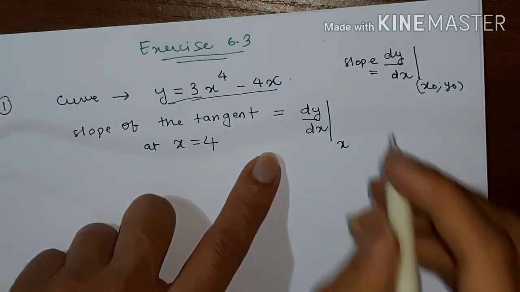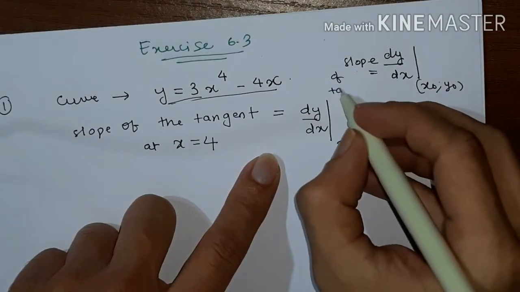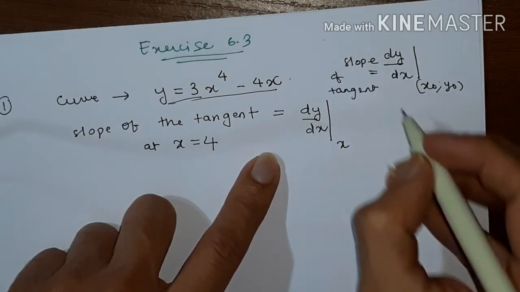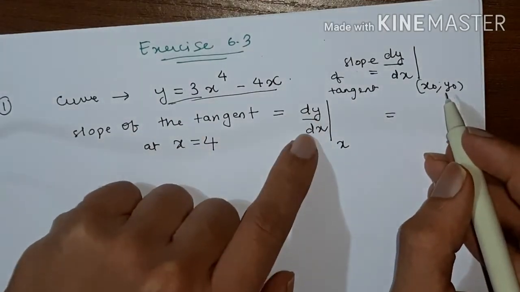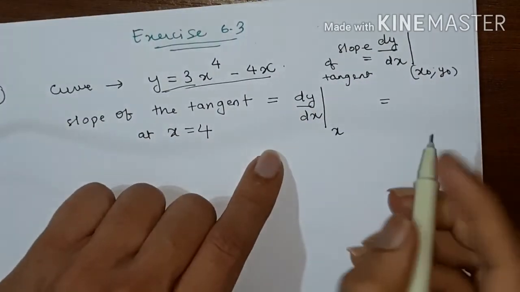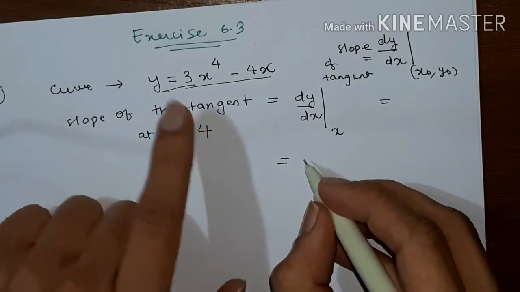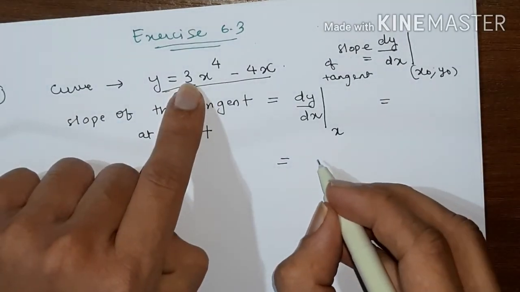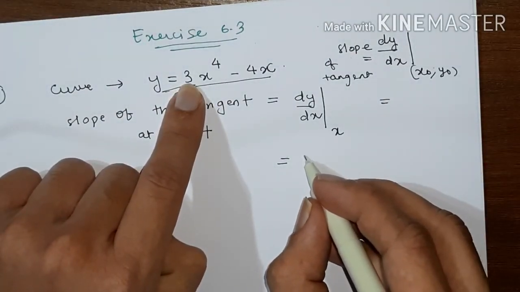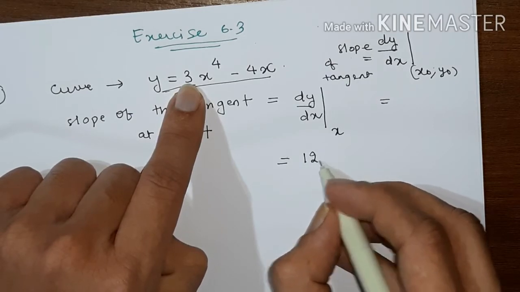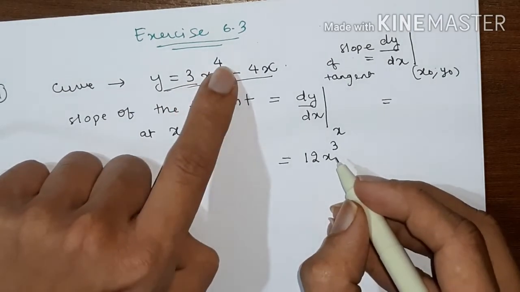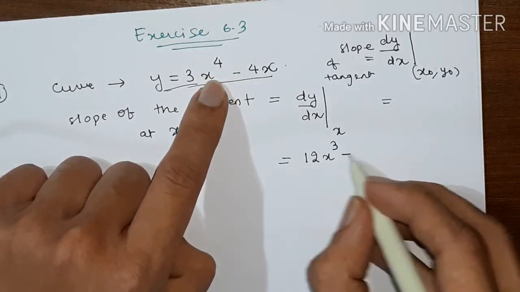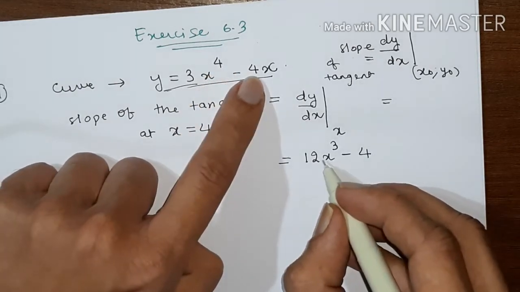That is the slope of the tangent. Now first let us find dy by dx. If you take the derivative, it will be 12x cube, 3 multiplied by 4x cube, 12x cube minus 4.